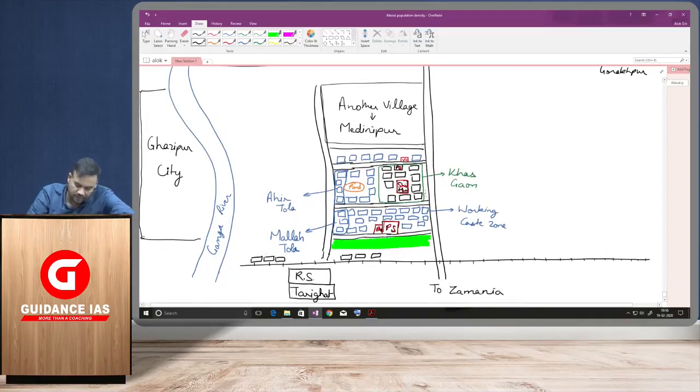These are the outcasts, untouchables of the village, which are located here. So they have not been given a place in the main village site. That is why they have to settle outside the village. Okay?